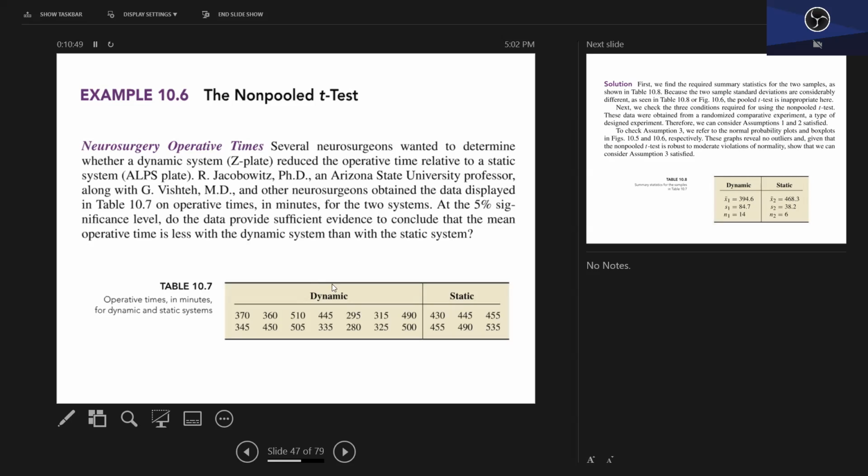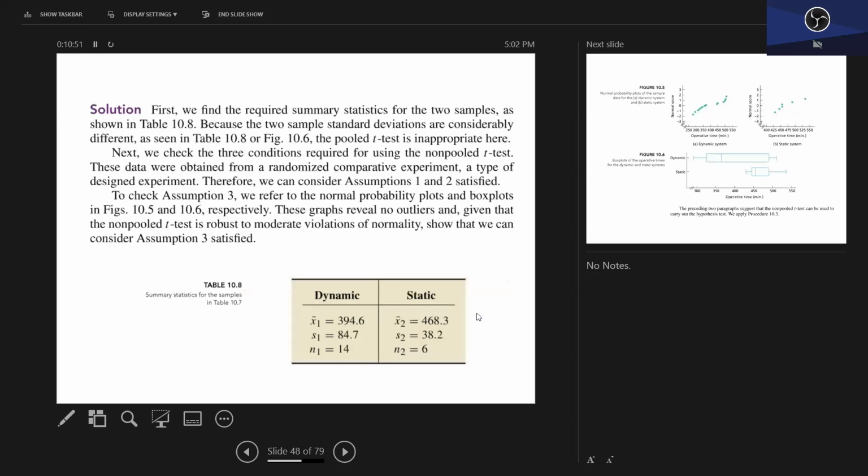Based on the table, I can calculate some basic statistics: x1 bar, x2 bar, and then s, the standard deviation of those two samples, and the sample sizes, 14 and 6.